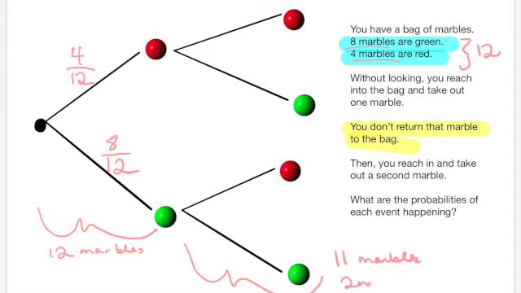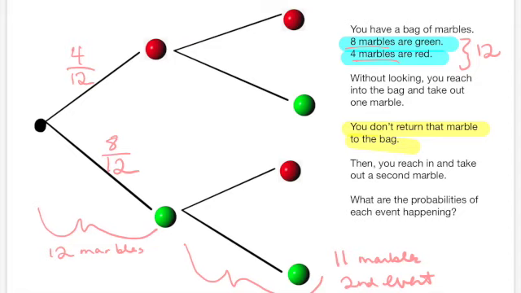And so that's going to change the denominator of our probabilities. So here, I'm not talking about what's the probability of getting a green and then a green. I'm talking about, like, given this circumstance has happened, what's the probability of this happening?